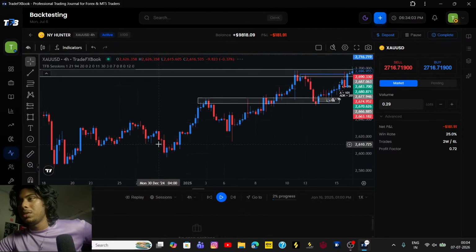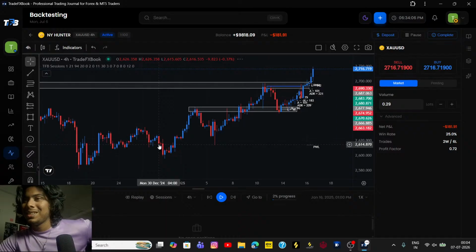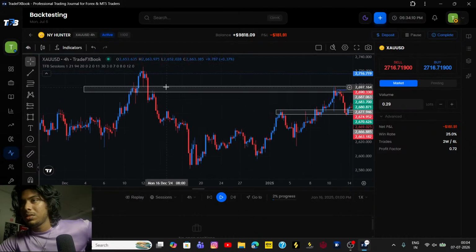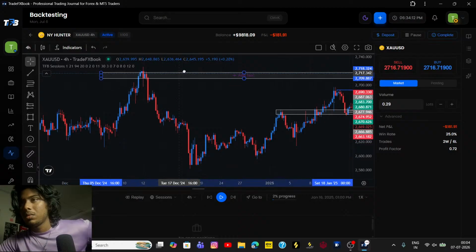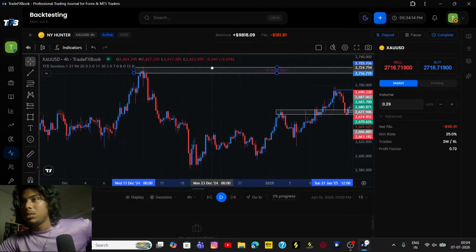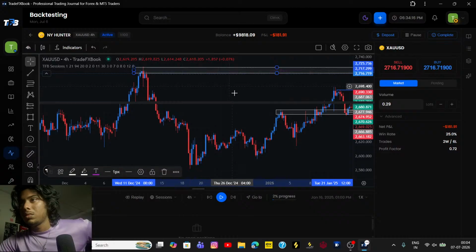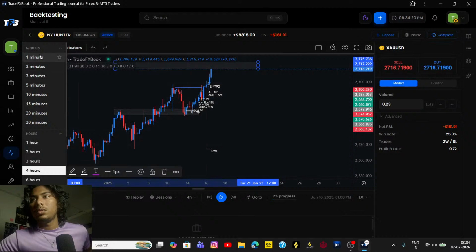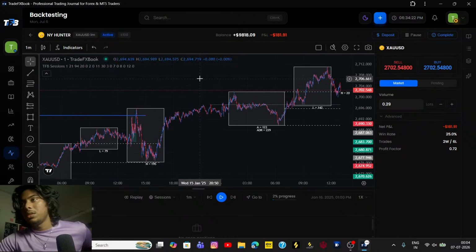Every time my zones are working, but I'm not. Okay, here's another zone. I will be selling from this zone. If I get any confirmation, I will be selling from that zone.